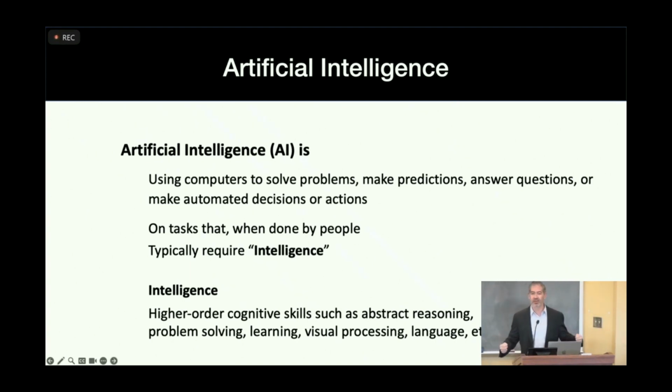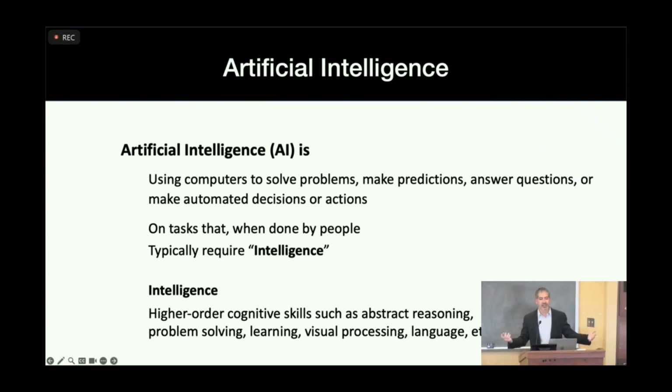So think something like driving, where you have to be thinking and using your visual acuity, or chess, or problem solving. These all engage higher order thought processes. So when computers do them, and they do them quite differently, or when they're able to solve that kind of task, we call it an artificial intelligence task.